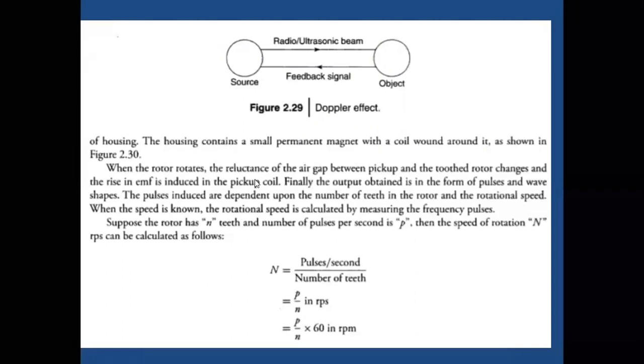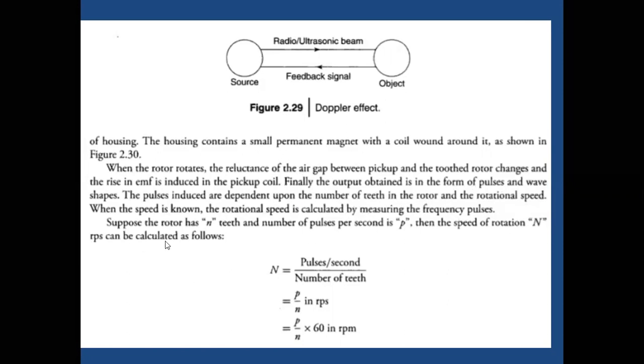When the rotor rotates, the reluctance of the air gap between the pickup and the toothed rotor changes, and an EMF is induced within the pickup coil. Finally, the output is obtained in the form of pulses and wave shapes. The pulses induced depend upon the number of teeth in the rotor and the rotational speed.